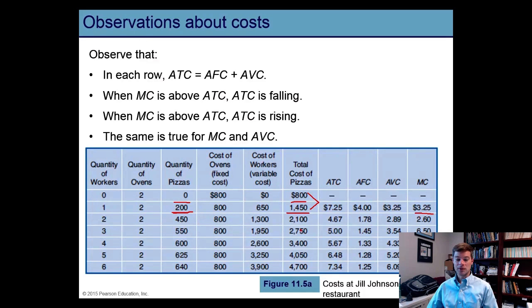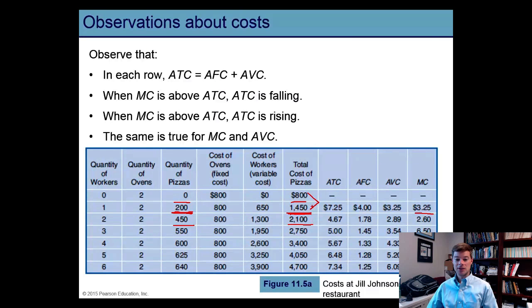Let me do one more of these. Let's suppose that we're producing 200 pizzas for $1,450. If we produce 450 pizzas, the total cost is $2,100.